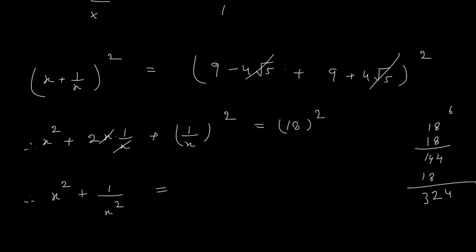So x square plus 1 upon x square is 324, and this 2 plus 2 will go here, it will become minus 2. So answer is 322. 322 is your answer for x plus 1 upon x the whole square. Okay, next problem.